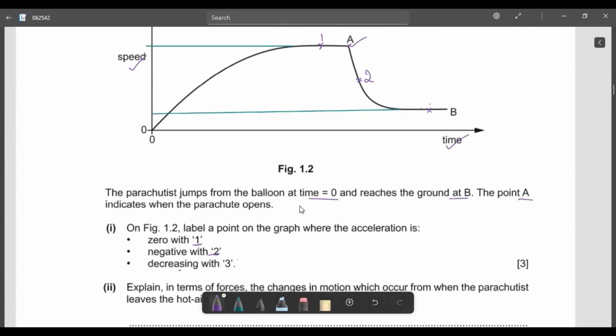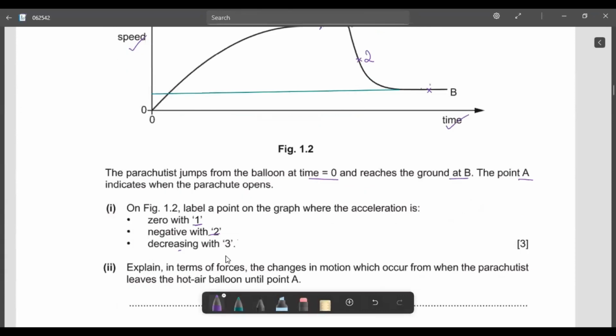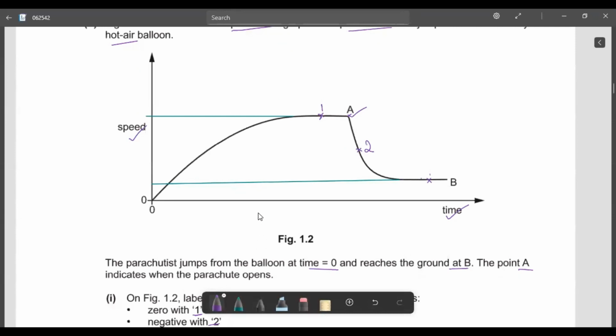And next 3, that is decreasing acceleration. This 3 indicates that while he is still accelerating, the rate of acceleration is reducing over time and has become a constant value. So before becoming this constant value, somewhere here we can mark it as point 3.